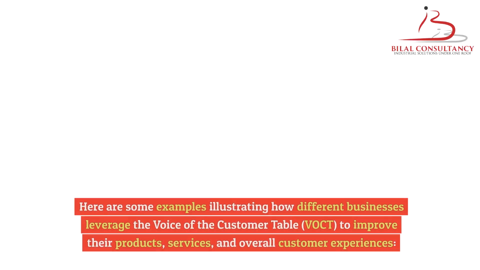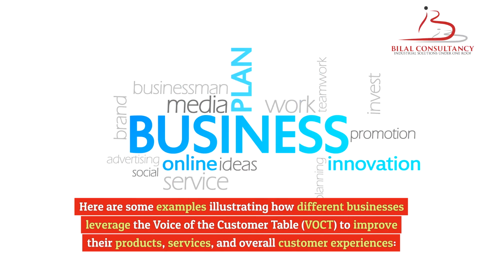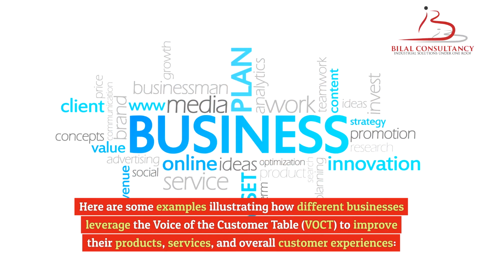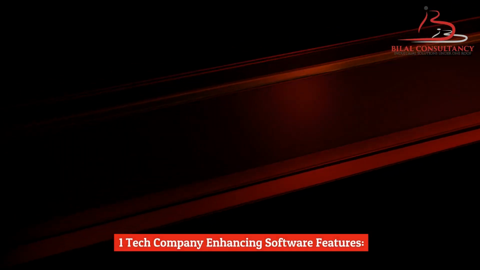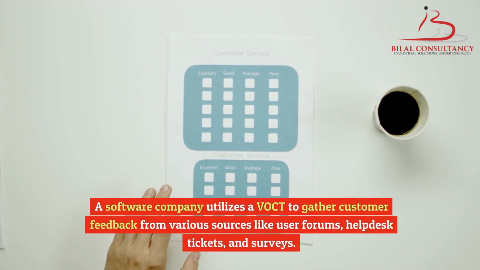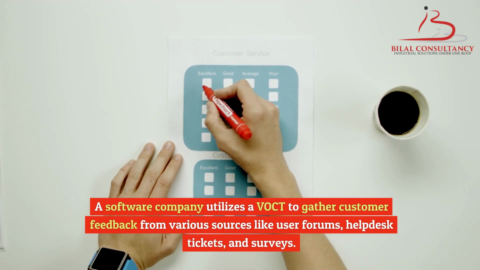Examples. Here are some examples illustrating how different businesses leverage the voice of the customer table, VOCT, to improve their products, services, and overall customer experiences. 1. Tech company enhancing software features. A software company utilizes a VOCT to gather customer feedback from various sources like user forums, help desk tickets, and surveys.